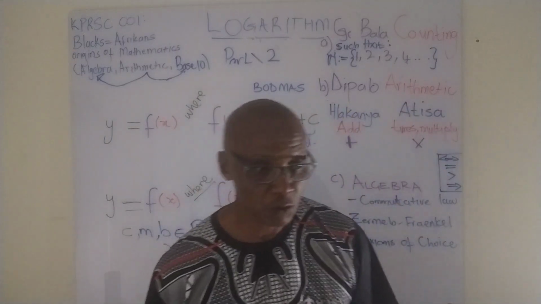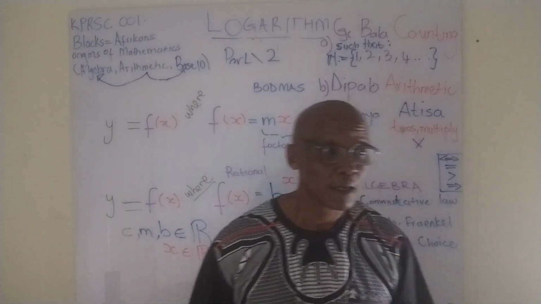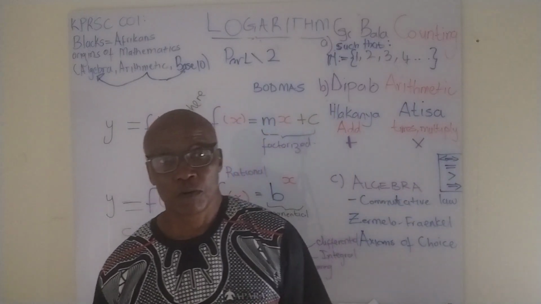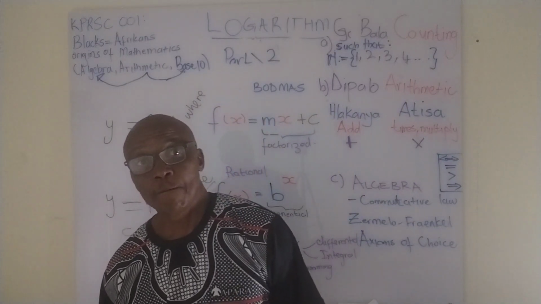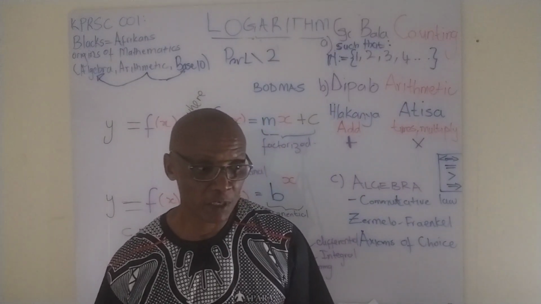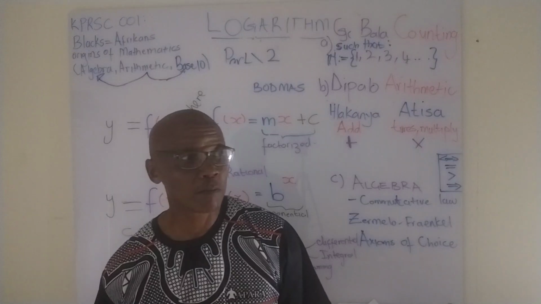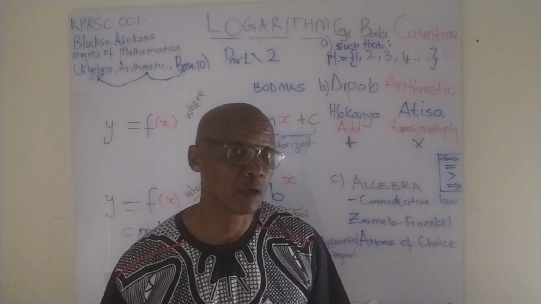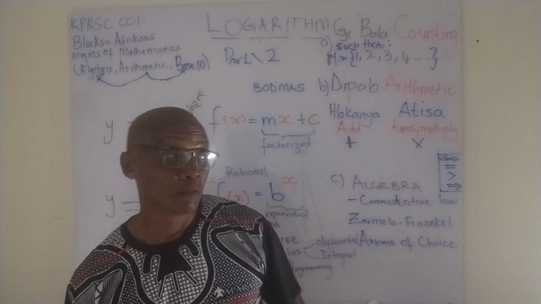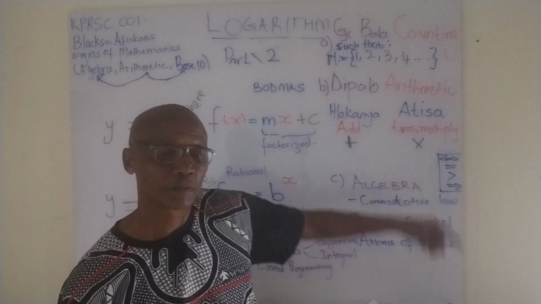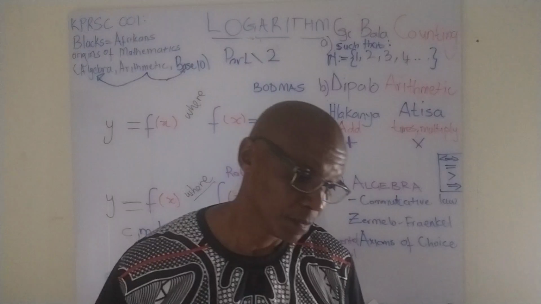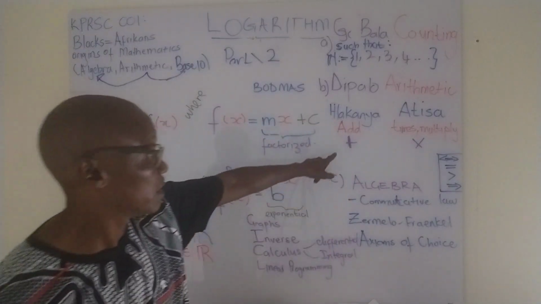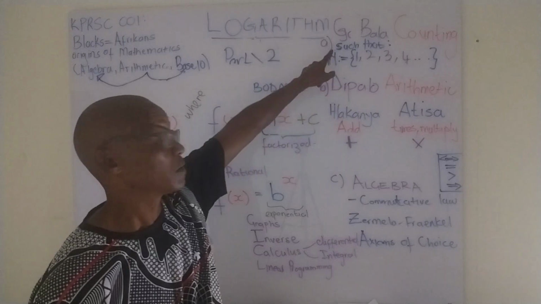Now you will bow down to arithmetic and say, wow. You will literally bow down to mathematics. You won't just come in and say 2 plus 2 is 4. You will bow down to this guy, and he has an ancestor called counting.